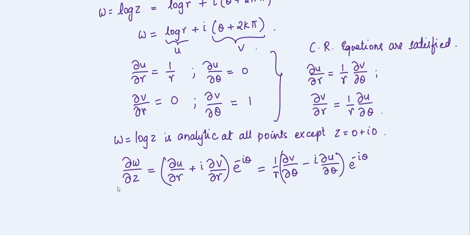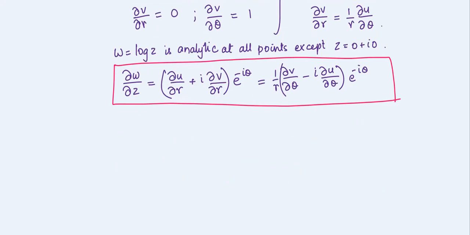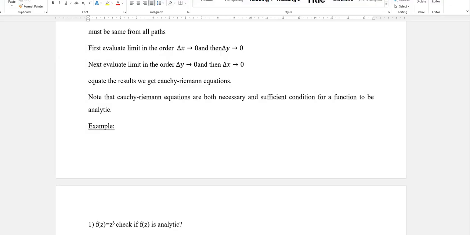This is the definition we get just by first principles. When we do by first principles, we can show this. So you get dou W by dou Z is 1 by R e power i theta, which is 1 over Z. Okay, this is about analytic functions.